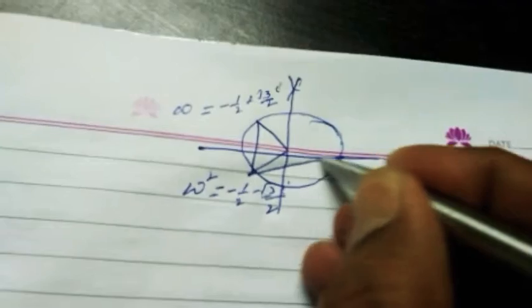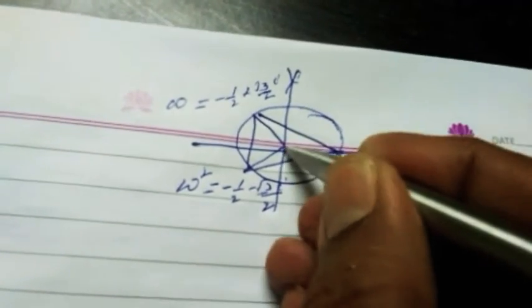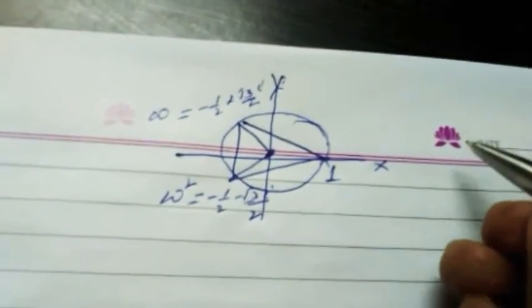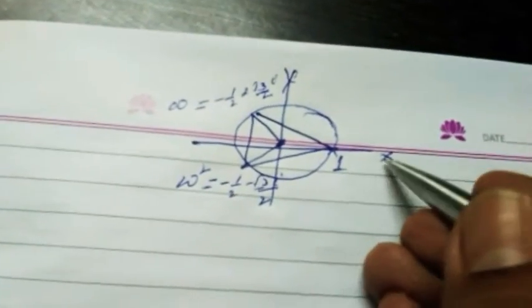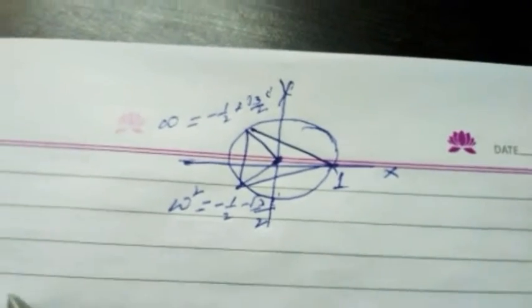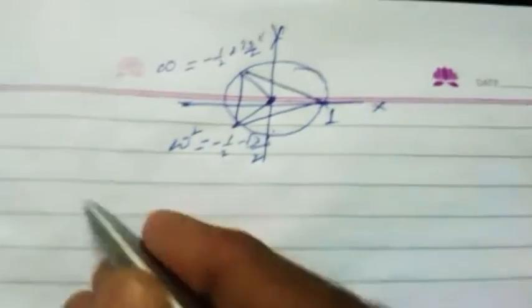So we got a graphical representation. The two roots are in the second and third quadrants, whereas the first root is on the x-axis, a real value. Now there are a few results related to this.